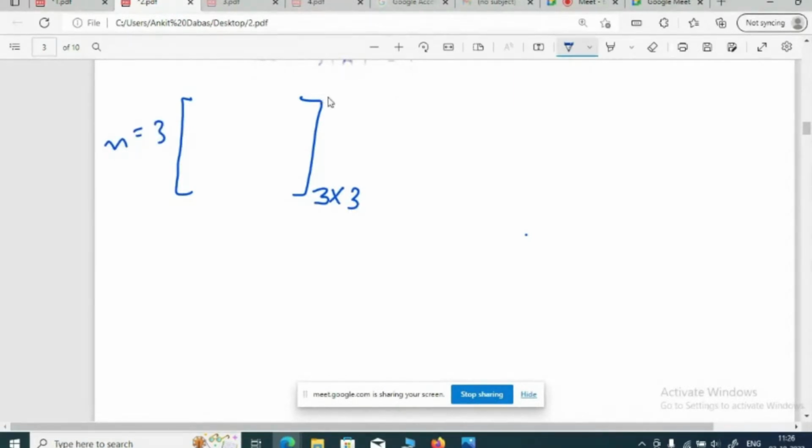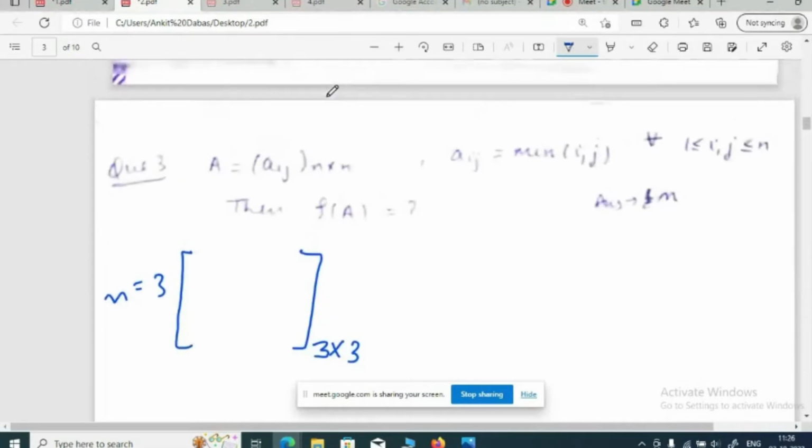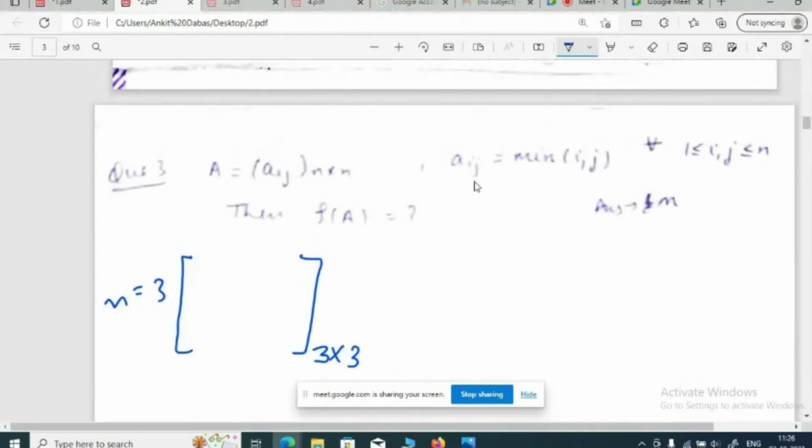In that case, the value of every entry is equal to the minimum of i and j. The first entry is A11. The minimum here will be 1 only, so the first term will be 1. The second term is A12.